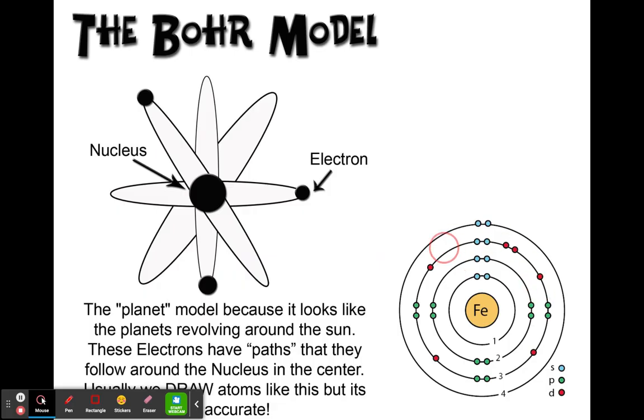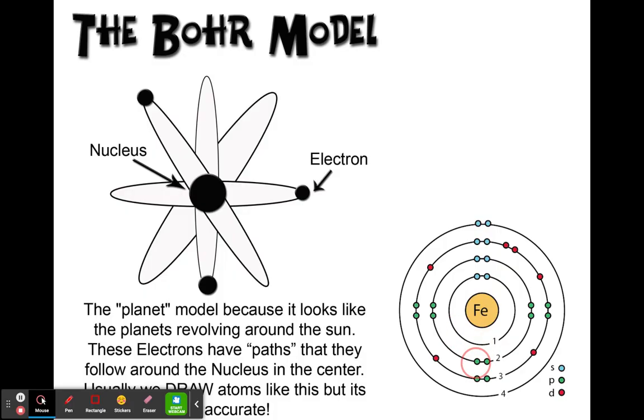But you can see here for Niels Bohr, he had what is called the solar system model. Each electron or set of electrons were in their own orbits. So they are traveling around the nucleus like planets travel around the sun. So the electrons had their own path around the nucleus.